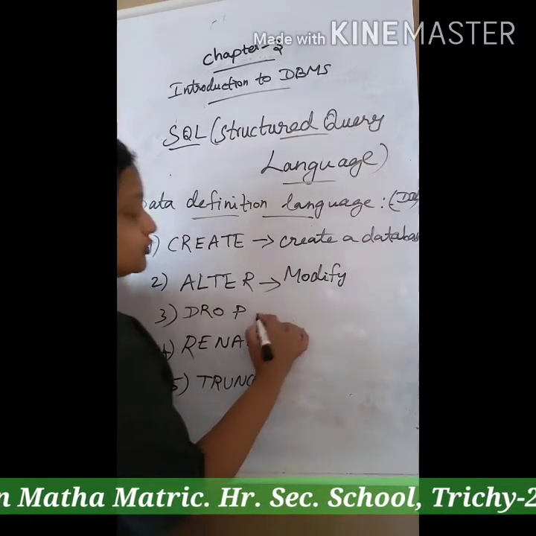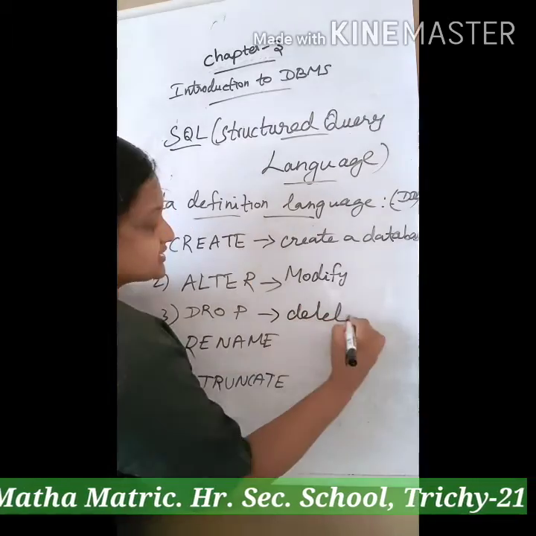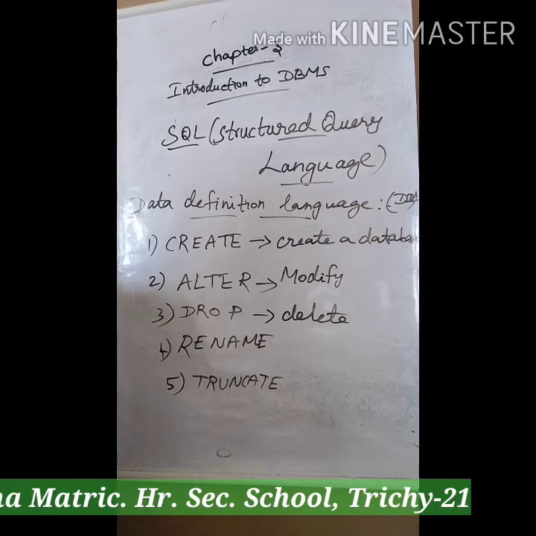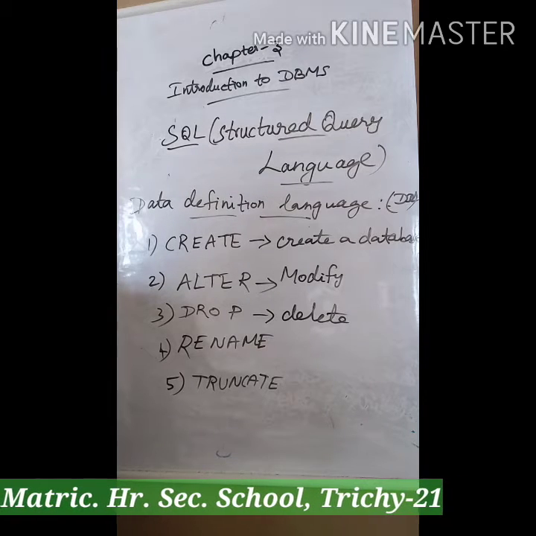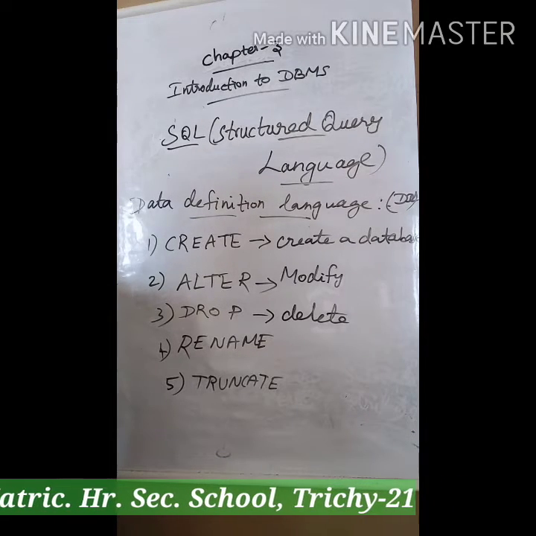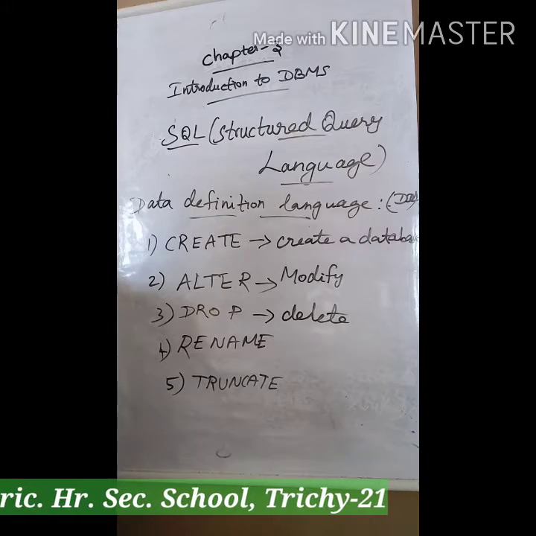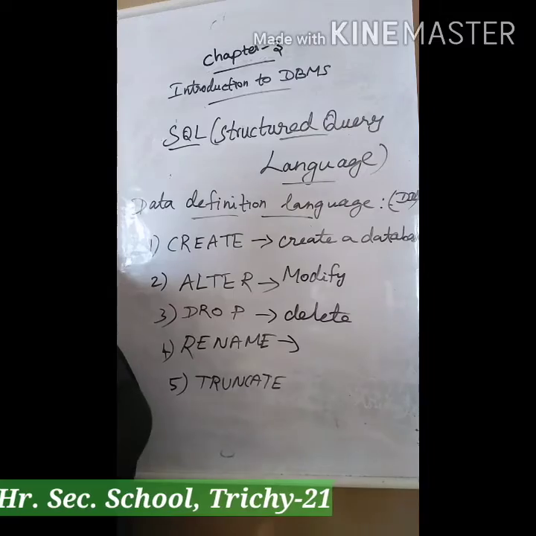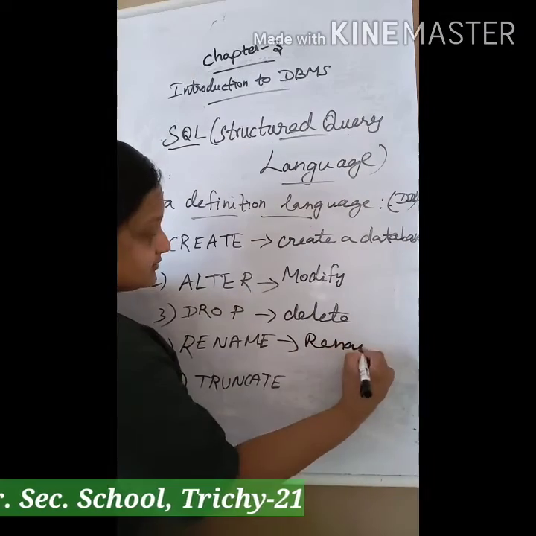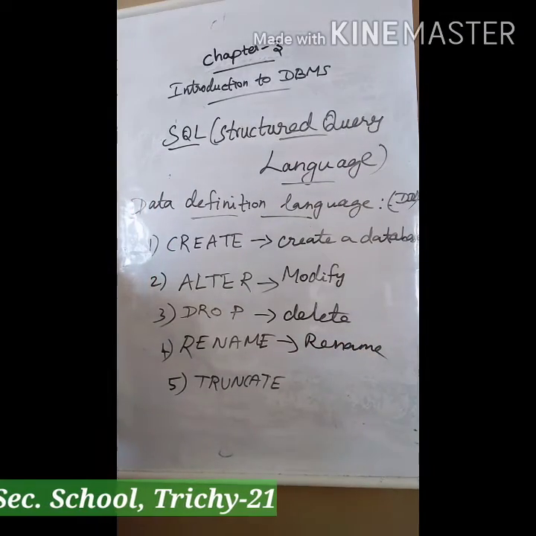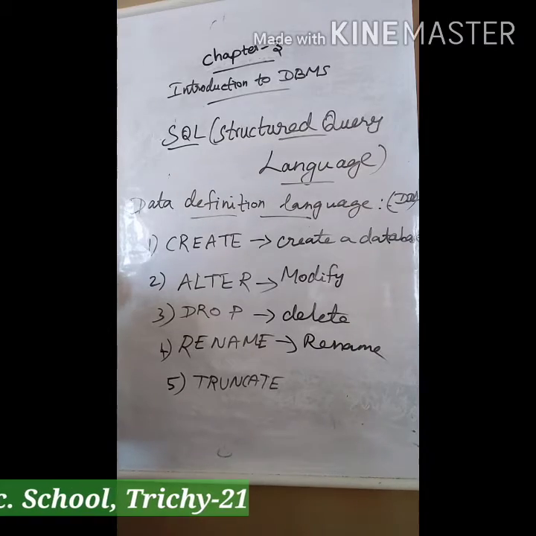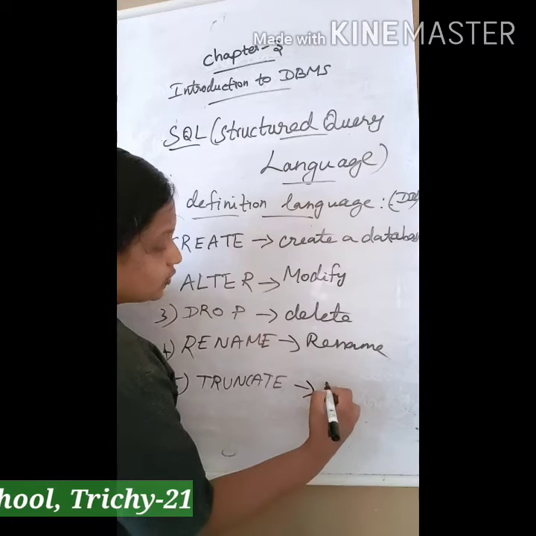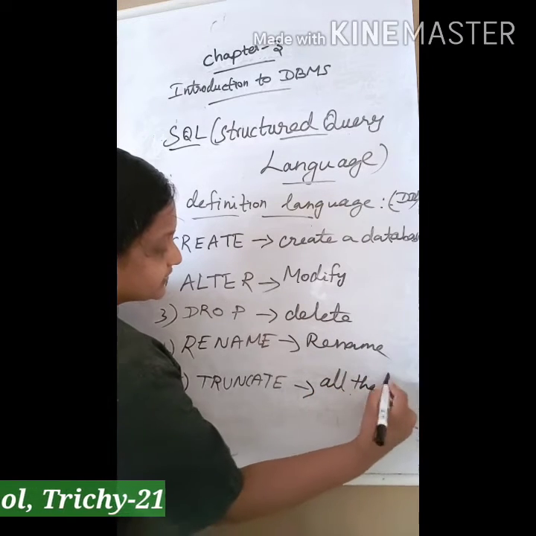This command is used to delete a database. The next one is the rename command. This command is used to rename an existing object in the database. And the last one is truncate. Truncate is used to delete all the table records.